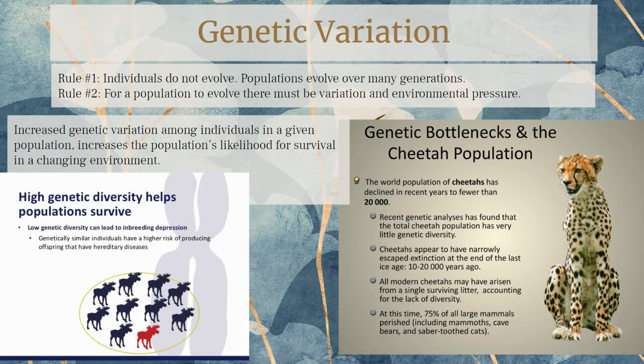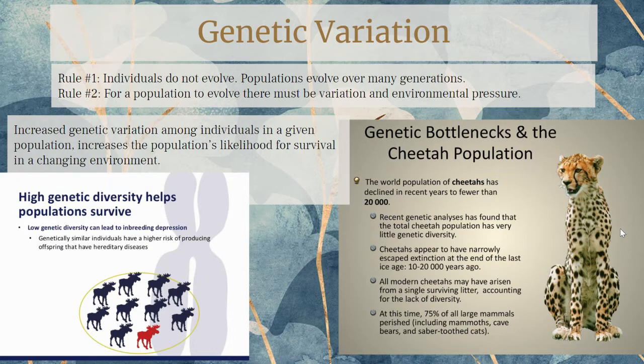Where we have a real life experience of this, not going well, is the cheetah population. The world's population of cheetah has declined in recent years to fewer than 20,000, and that might not sound so bad, but this guy was wandering around, traveling for miles looking for a mate.